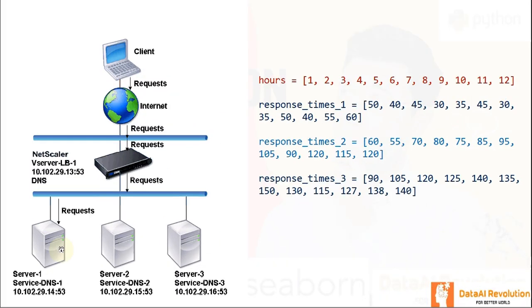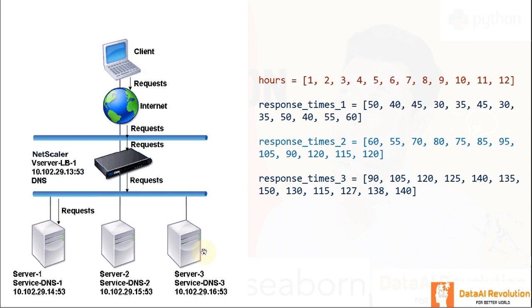Assume that in your company there are three servers, server 1, server 2, server 3, and your client is basically here. And these are different networking components which will be in between your internet and the servers. Here a few applications are hosted, and your client is requesting, for example, let's take google.com.